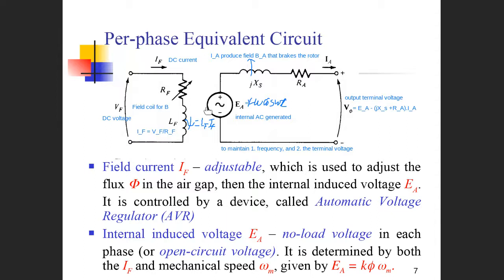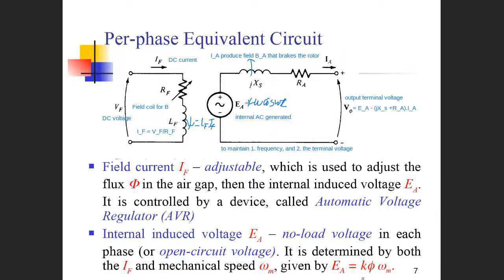You know, LF actually is not exactly a constant because it depends on the permeability of the core material mu, and mu more or less depends on the current. So there is nonlinearity, which is the BH curve. Here the internal generated voltage EA against the field current at a constant rotating speed omega has the characteristics of the BH curve, depending on the permeability mu.